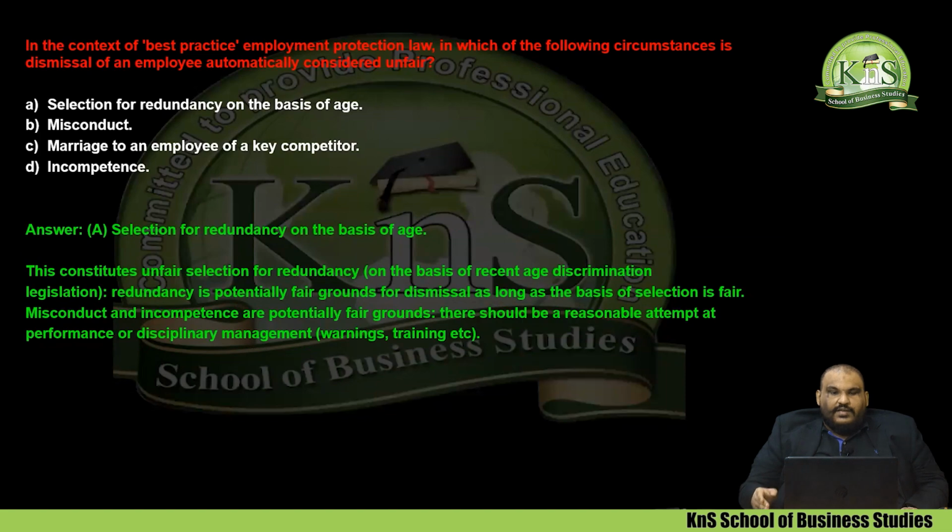Marriage to an employee of a key competitor. Okay? Now this is something which is a bit interesting. Like, the CEO of the company, or a senior manager of a company is married to a person who is the director of a competitor, right? Like the senior manager of business A marries the director of business B, and both business A and business B are competitors.